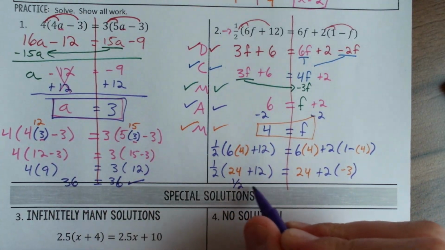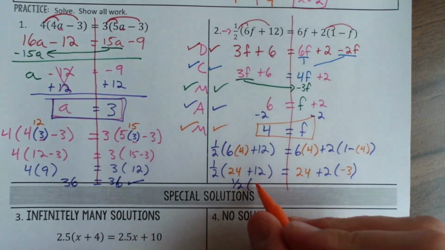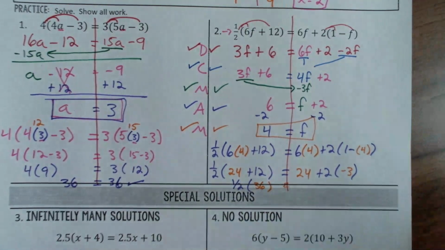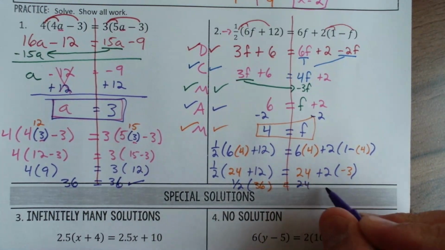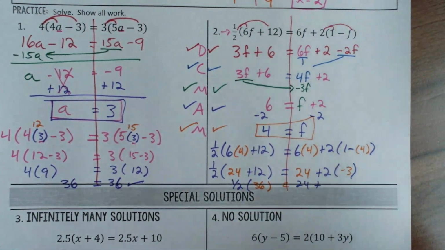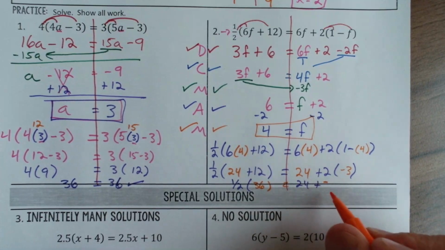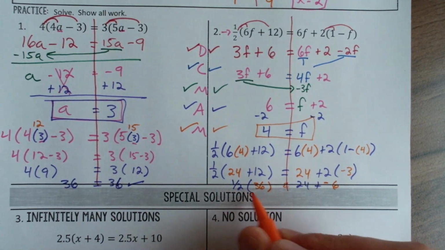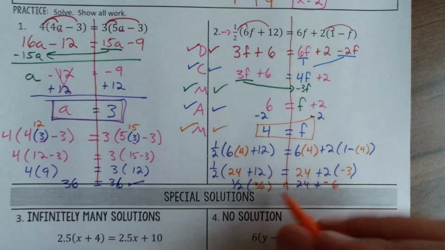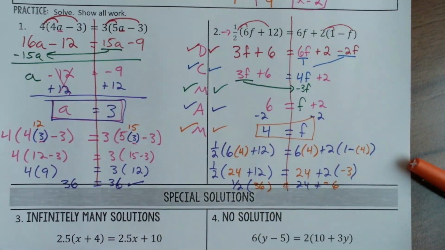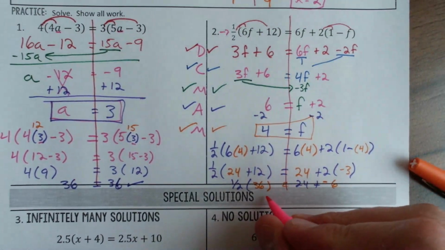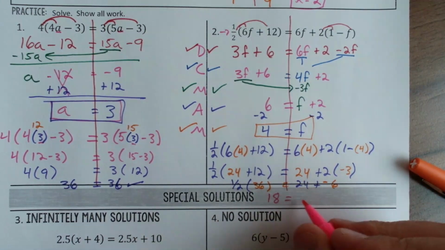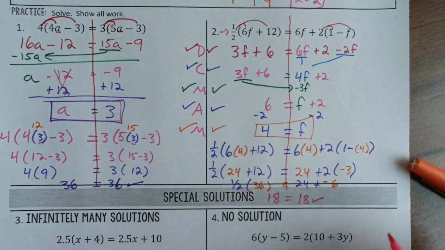This becomes 1/2 times 36. 2 times negative 3, I put a plus, but it should have been a minus, is negative 6. Half of 36, I'm going to write in pink down here. I think it'll show up the best. Half of 36 is 18, and 24 minus 6 is 18. So that works out. That's true.